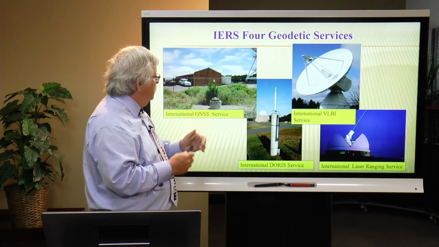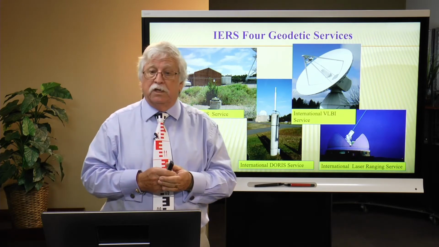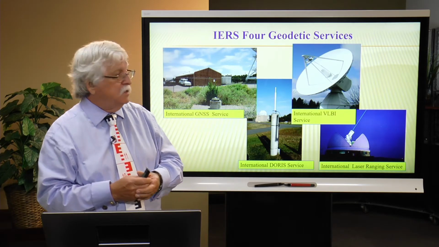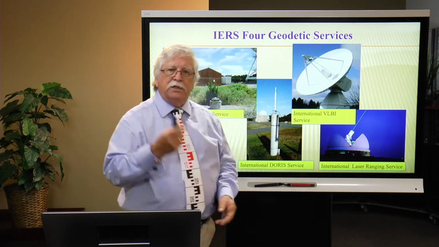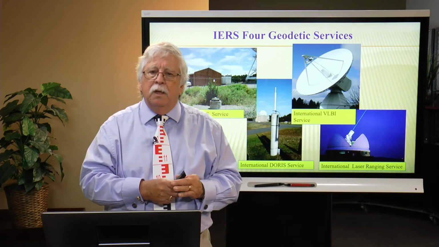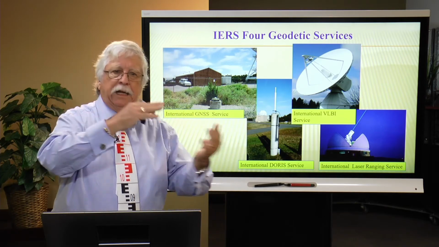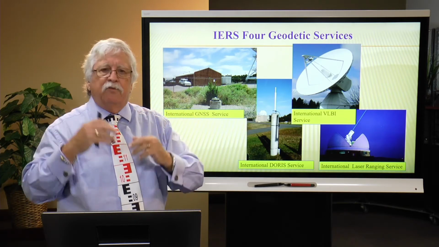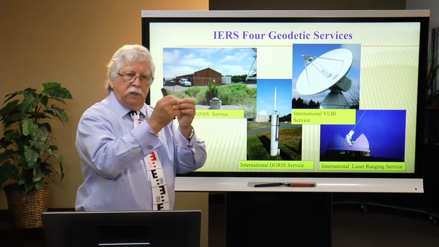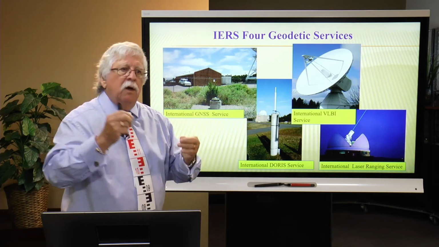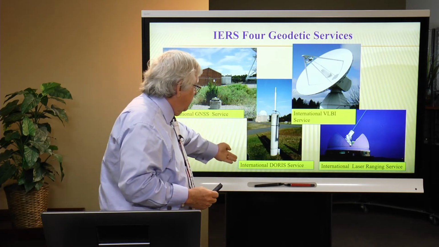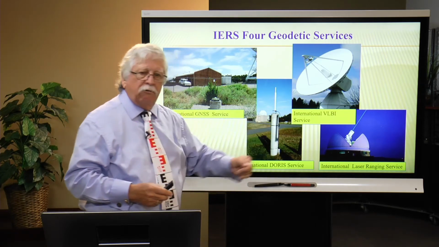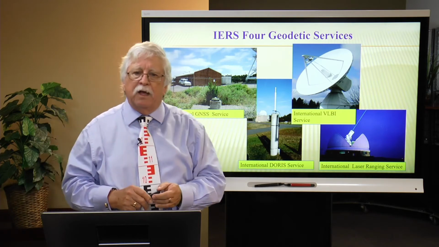So here you happen to see one particular CORS, a continuously operating reference station. International VLBI, Very Long Baseline Interferometry. These are radio telescopes that, when combining data together from different observations around the world, can give us literally millimeter accuracy over transcontinental scales. Satellite laser ranging, and another one called DORIS, Doppler orbitography and radio positioning integrated on satellites.